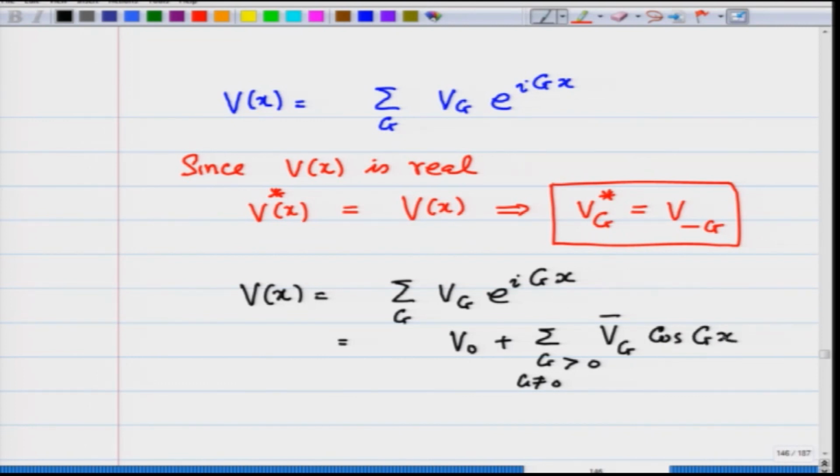It is the same thing, because V x is real. So, I could have written these two forms for a periodic potential.